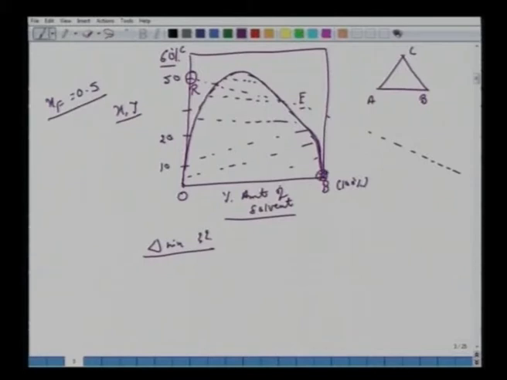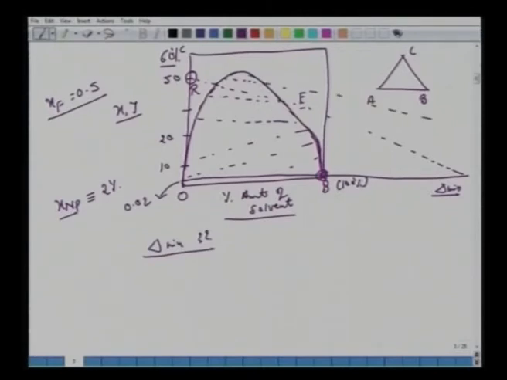If you try to extend any other tie line, you can see that it will go beyond this, like this. Okay, there is also a possibility. Now look at these two tie lines, or some tie lines in the lower concentrations for raffinate, that when you extend like this here and extend this line, this will also intersect somewhere here, and this may give you del min, corresponding to which we have this S min here.